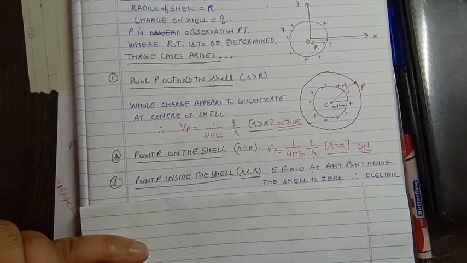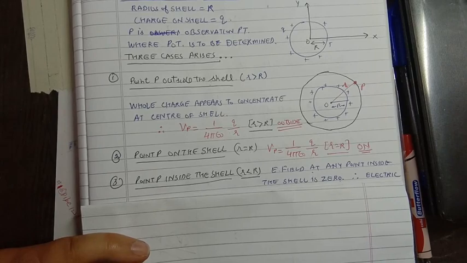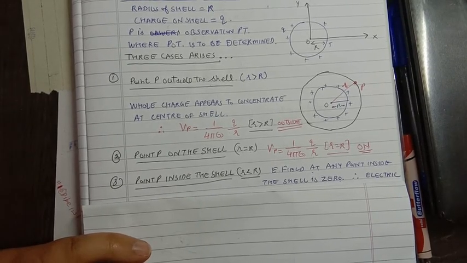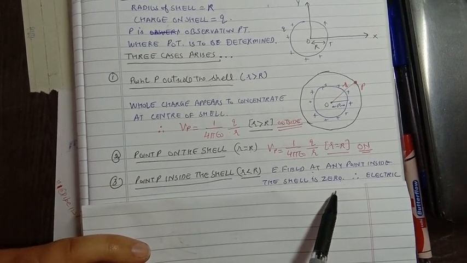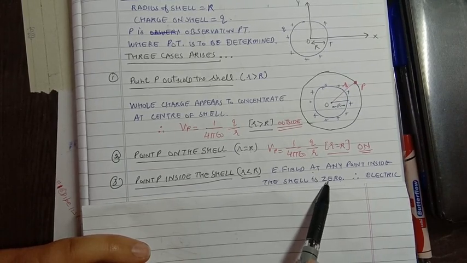Remember, existence of electric field in a certain region is not a prerequisite for the existence of electric potential in that region. So electric potential can exist also in those regions where the electric field is zero.